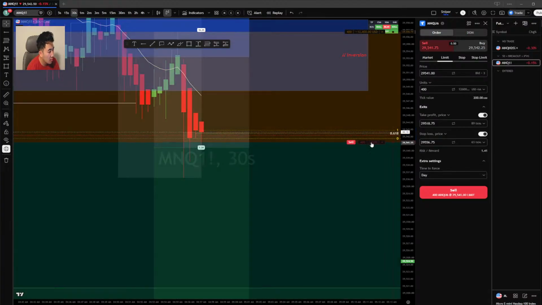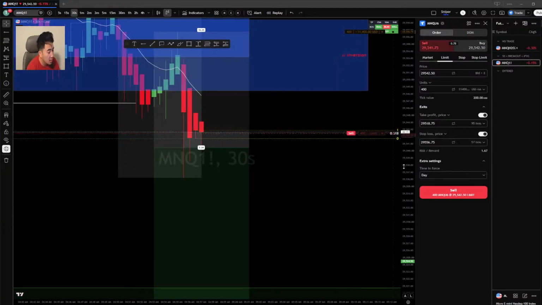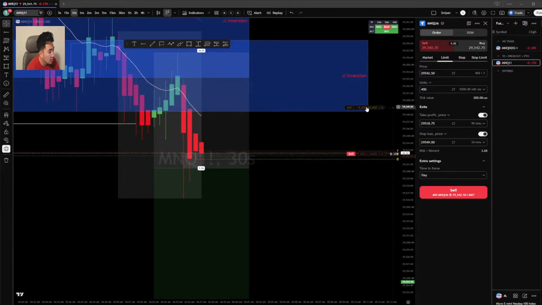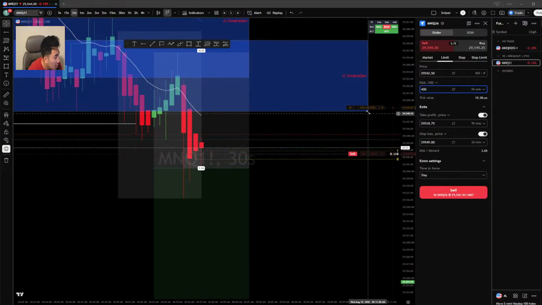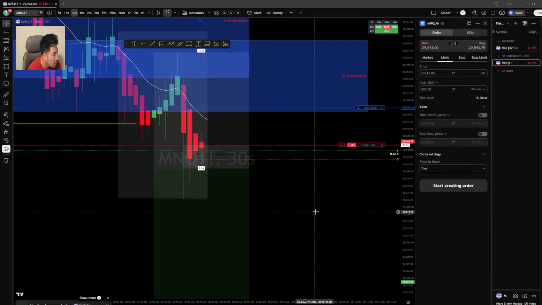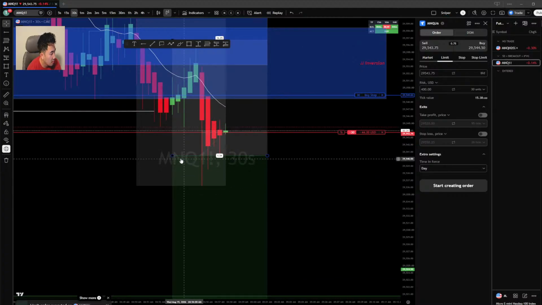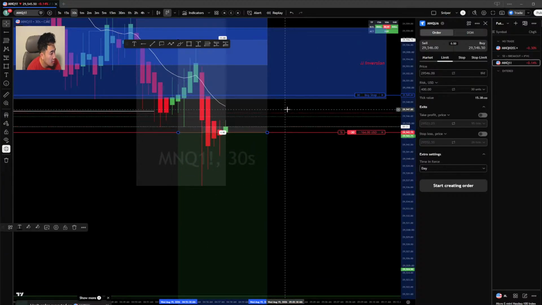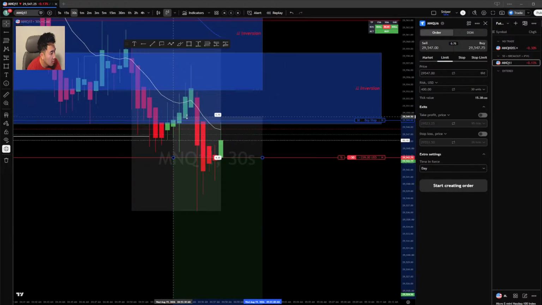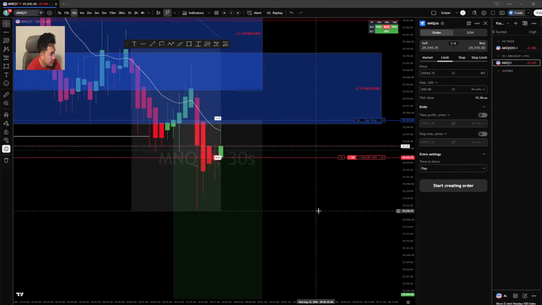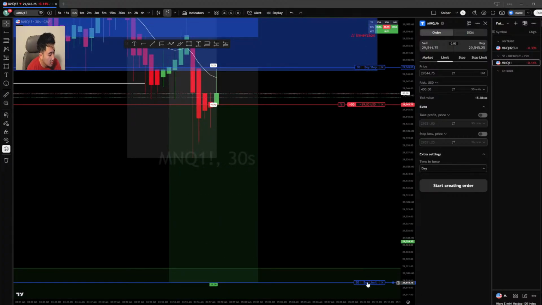Limit order right here. Stops can be 2 candles. All right, let's do that. Okay, entry's right here. Large push down. Target this 5-minute.